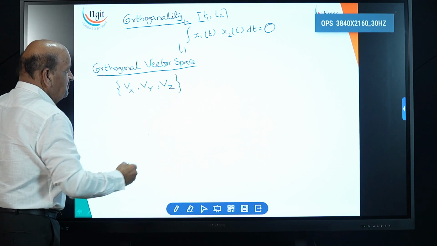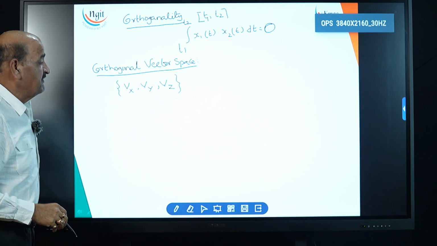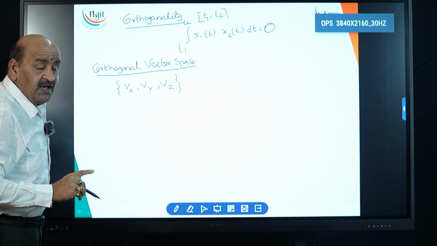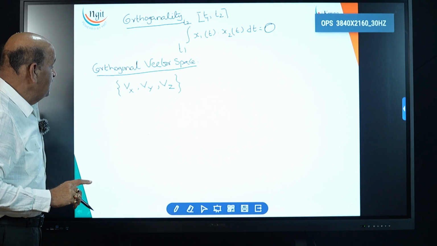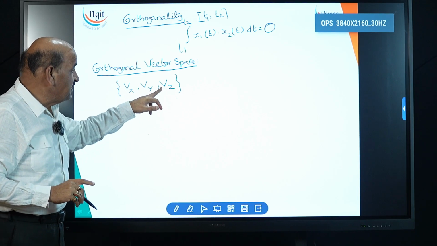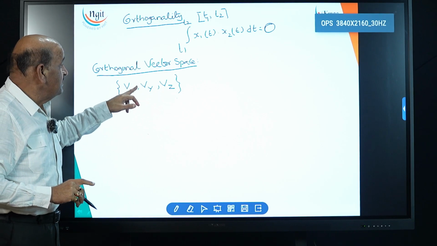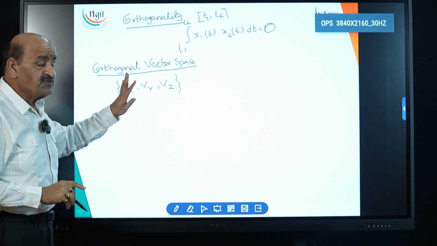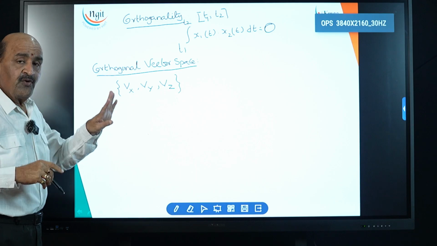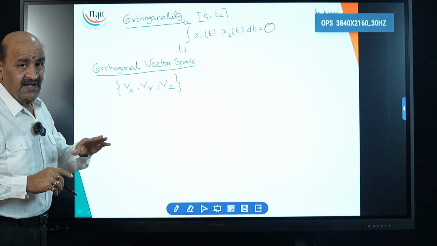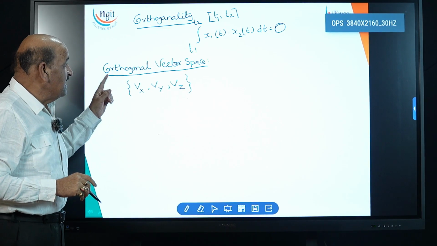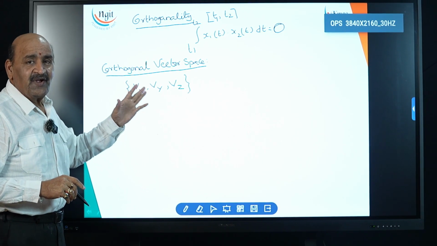These three are a set of orthogonal vectors. Individually, each vector is a unit vector. Because it contains only three vectors, it is called a three-dimensional vector space. If it contains four vectors, it is called a four-dimensional vector space, like that. If it contains n vectors, we call it an n-dimensional vector space.